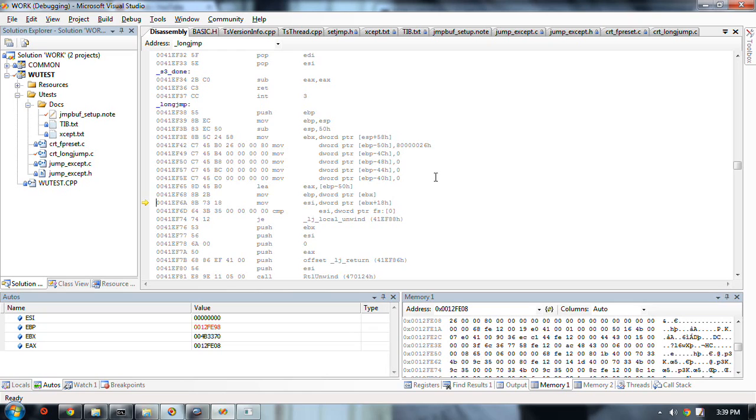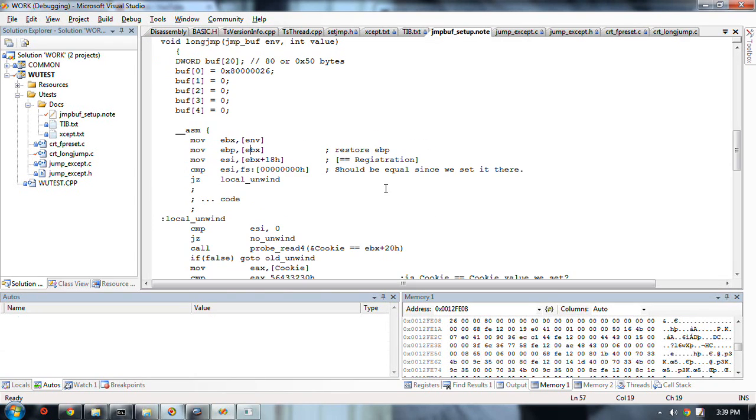So now the current stack frame is the original stack frame where the setjmp was made, right? We restored EBP, but BX is pointing at the data n, the variable n.